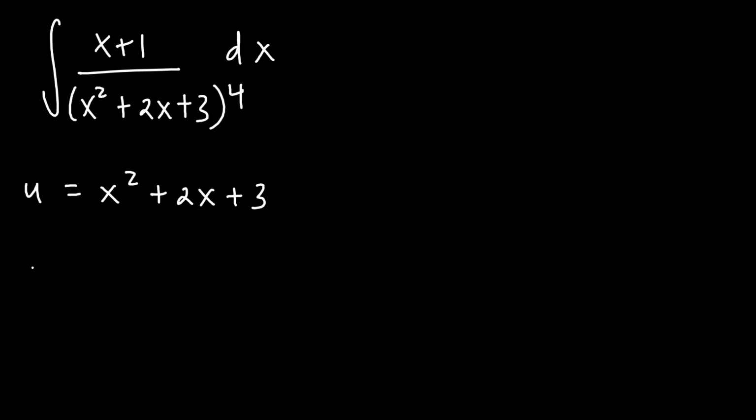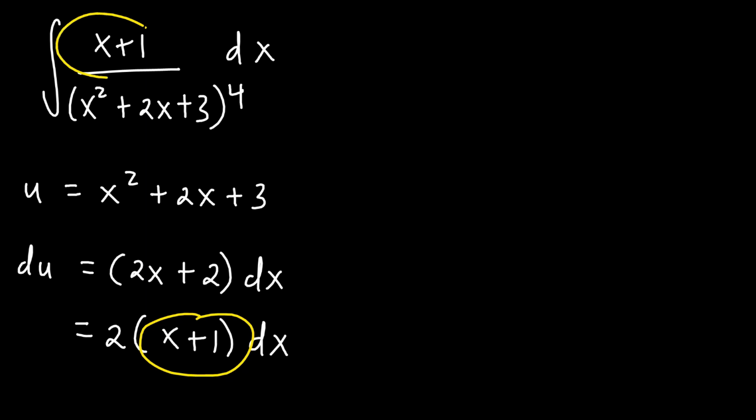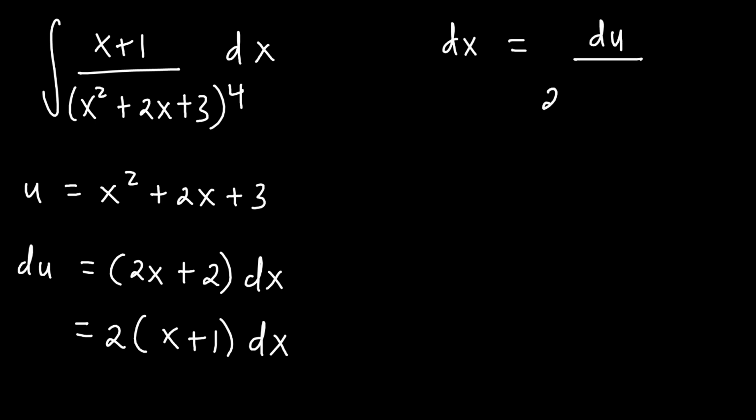Because if we do this, we shall have du equaling 2x plus 2 times dx, which is also the same as 2 into x plus 1 times dx. And this x plus 1 will be able to cancel with this. And if we make dx the subject, we shall have dx equaling du divided by 2 into x plus 1.